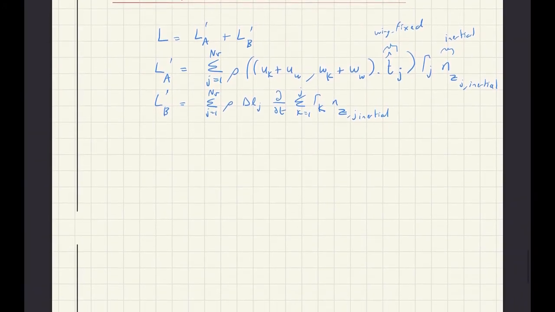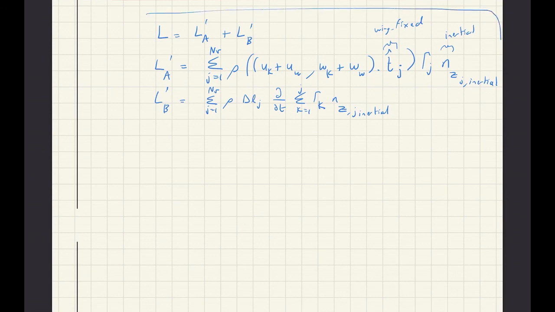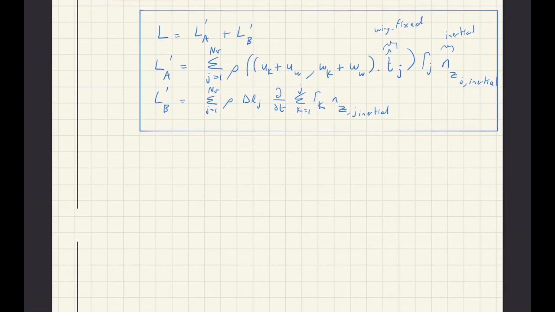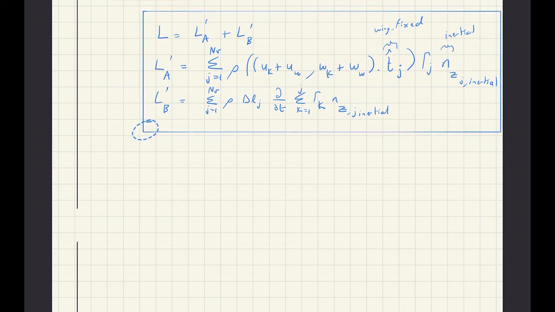All right, so this is the equation for lift. So let me put a square around that and move this way to the left.